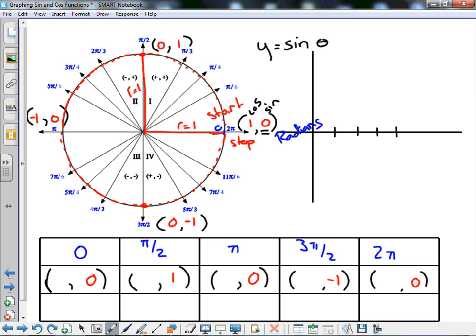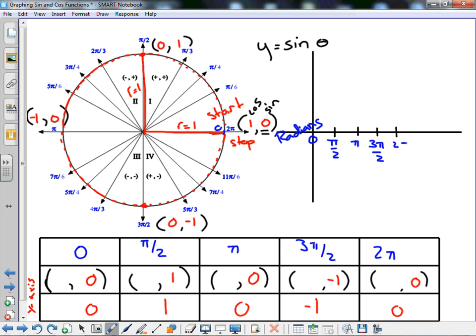These numbers here, 0, 1, 0, negative 1, 0, will be points on the y-axis.